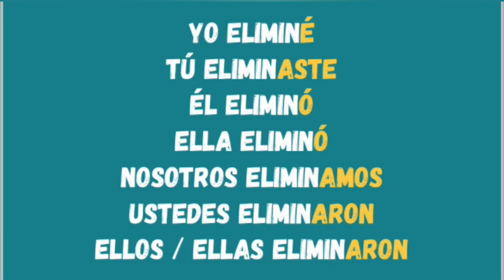Okay, now if you want to say you removed or you deleted, then you have to say, tú eliminaste. Now if you want to say he deleted or he removed, then you have to say in Spanish, él eliminó.